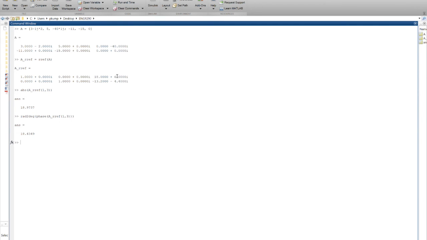Okay, so that has a phase of 18.4349 degrees. I'm going to do the same thing now for V2 in case I need it later. So I'm going to ask for row 2, column 3. ABS stands for absolute value. Okay, so that's the magnitude of this number here. Okay, and I'll ask for the phase, like that. And 2, comma 3, and that's the phase in degrees of this thing here.